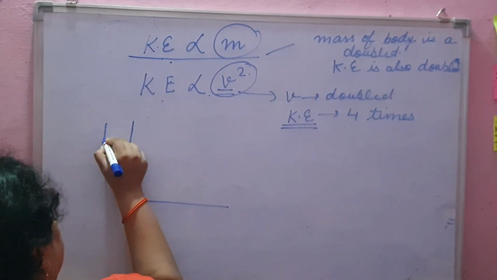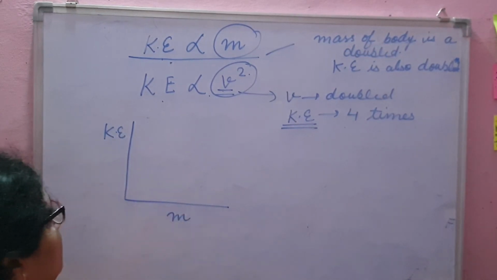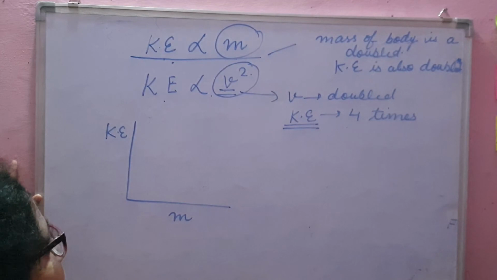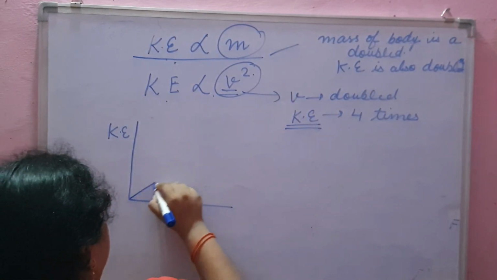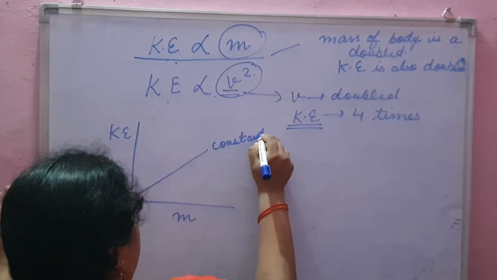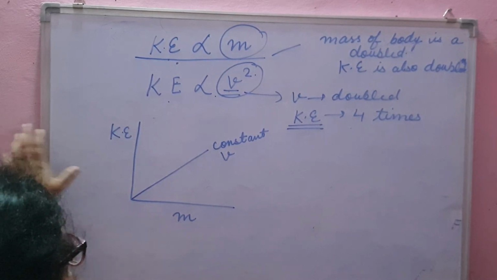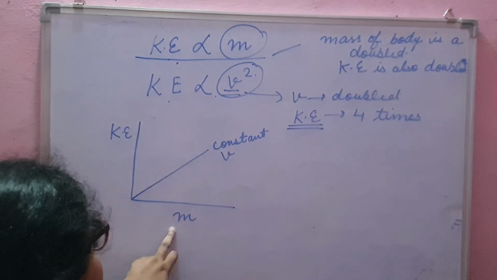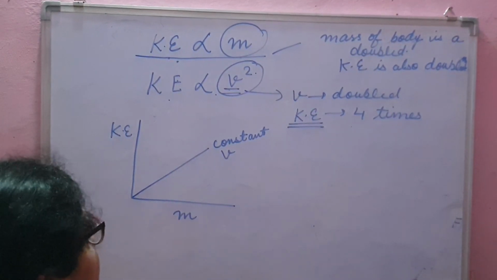Now if we plot a graph between kinetic energy and mass for constant velocity, the graph will be a straight line. We are not changing the value of v, we are changing the mass of the body, so we get a straight line.